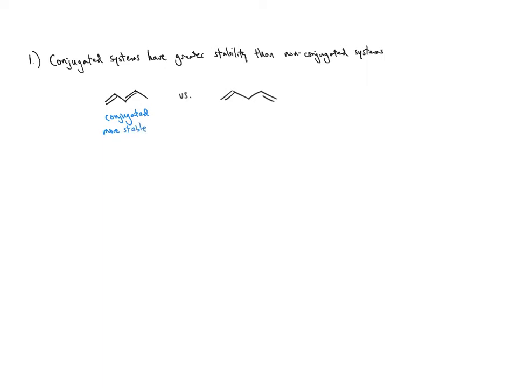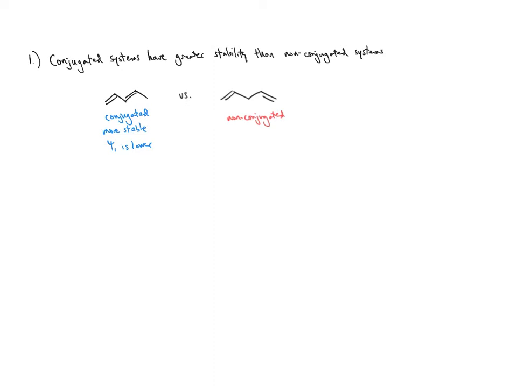And the reason it's more stable is because psi1 is lower. This is a non-conjugated system. It's almost like you have 2 independent pi systems, 2 independent double bonds that are not talking to one another.